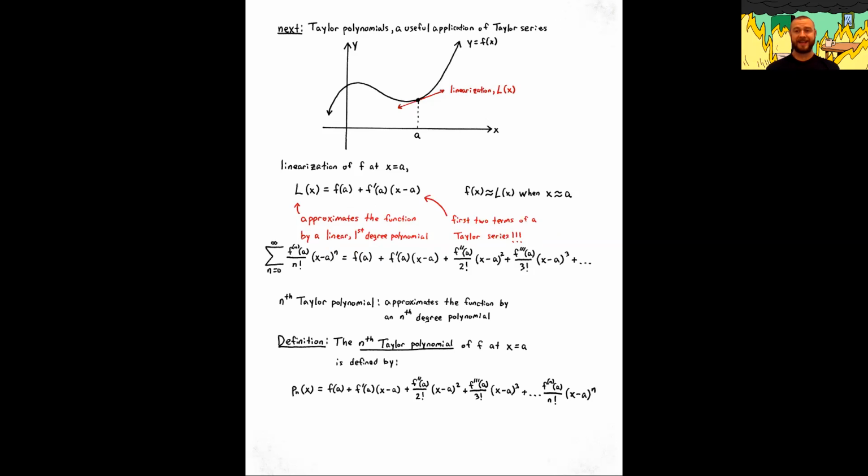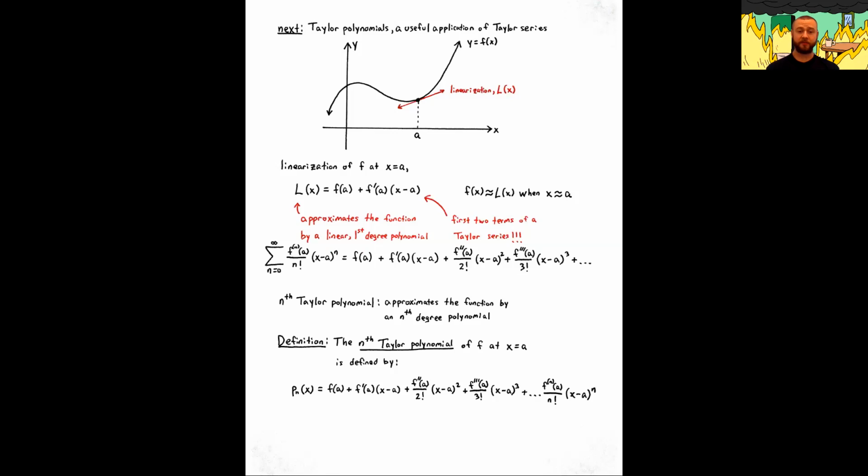Now, what we're calling a Taylor polynomial, or the nth Taylor polynomial, is this: instead of approximating the function by a degree 1 polynomial, a linearization, we're going to approximate the function by a degree n polynomial. That's what we call formally an nth Taylor polynomial.